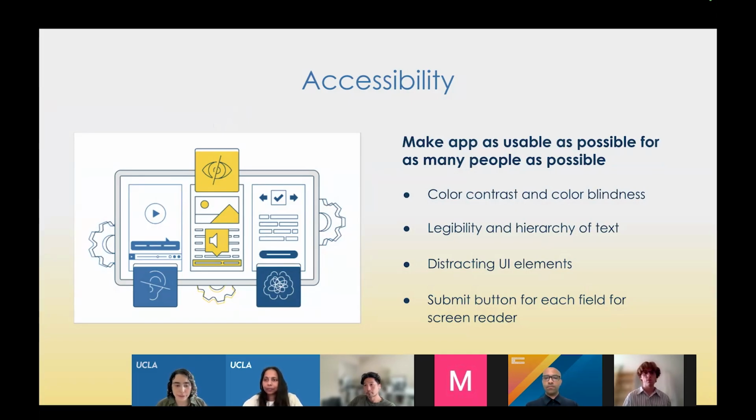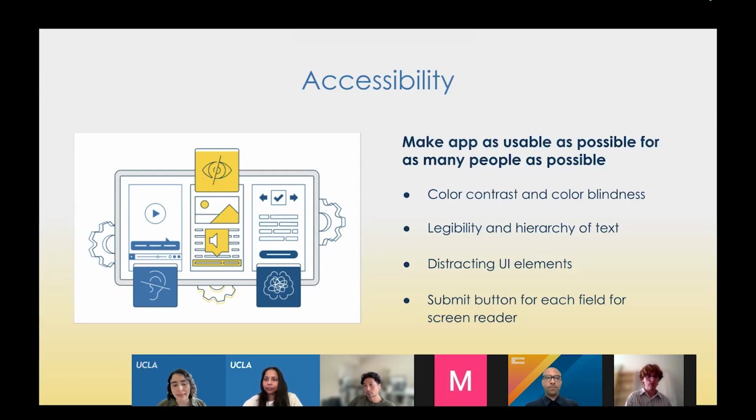So with accessibility, we're considering such things, including color contrast, making sure that there's sufficient contrast between the foreground and the background. Any color combinations related to color blindness that we want to stay away from. Making sure the text is legible, creating a system with a text hierarchy, so there's an H1, H2, body text, and more.